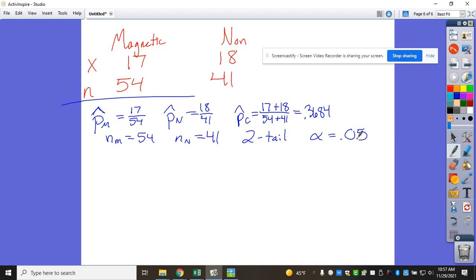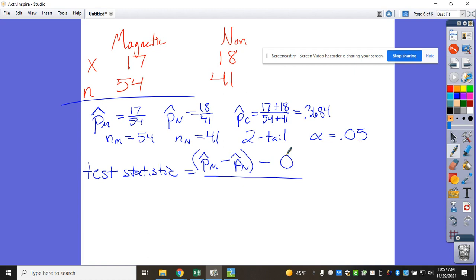So now when I'm filling out my generic equation part, it is a test, so I'm finding a test statistic. What would I write here? What's on top? P hat M minus P hat N, which I would have had to define somewhere else.